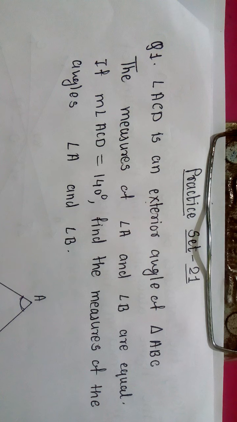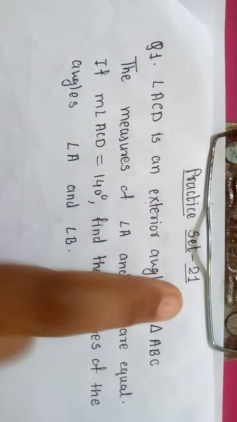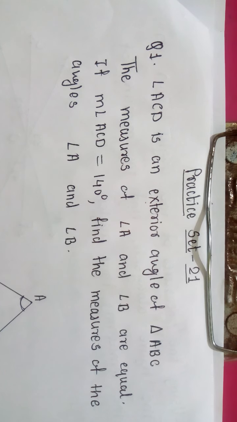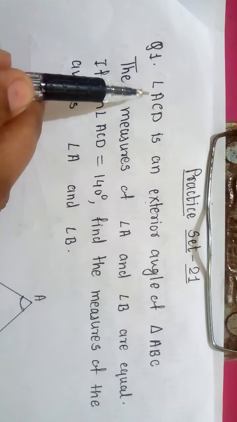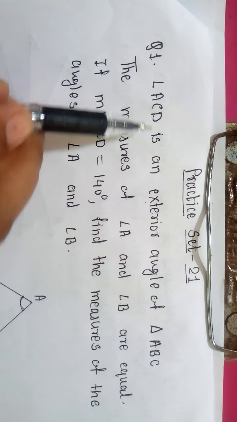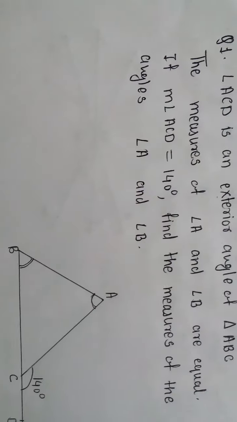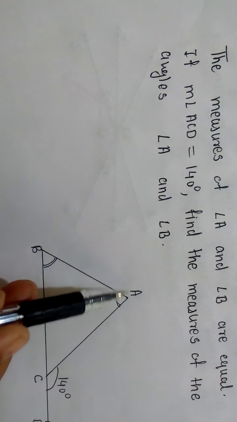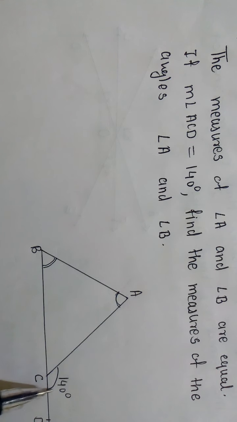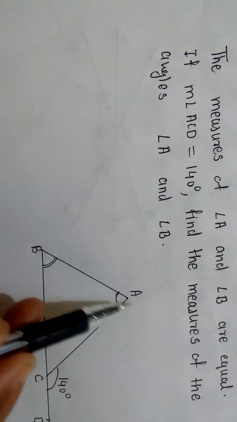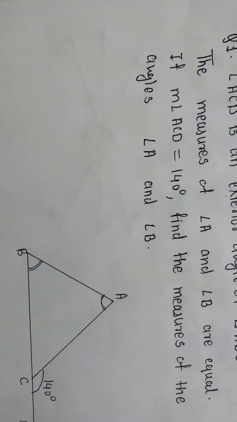So I will explain one example based on this property, given in practice set 21. What is that example? In the figure, angle ACD is an exterior angle of triangle ABC. See here in this figure, angle ACD is the exterior angle of this triangle ABC. What is asked?